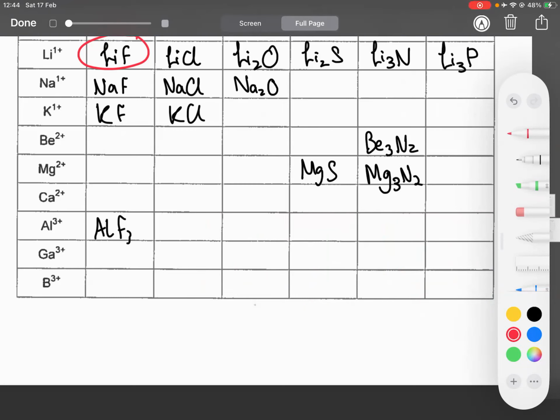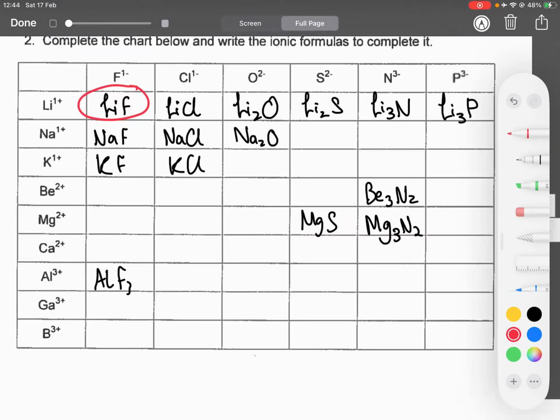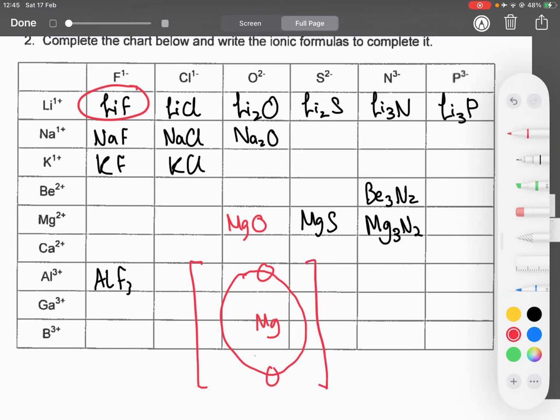Let's do it for magnesium oxide, which is MgO. So how would magnesium look? How many electrons on the outer shell? 2. Yep. And then how about oxygen?